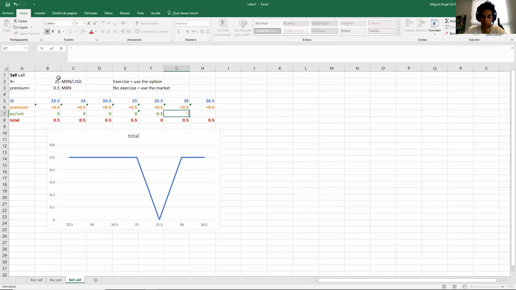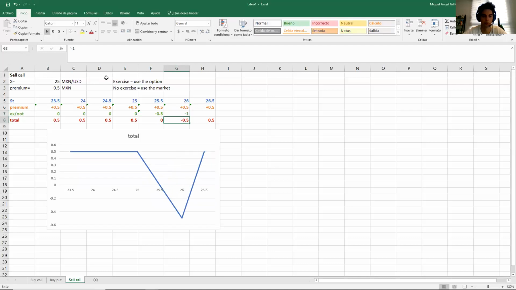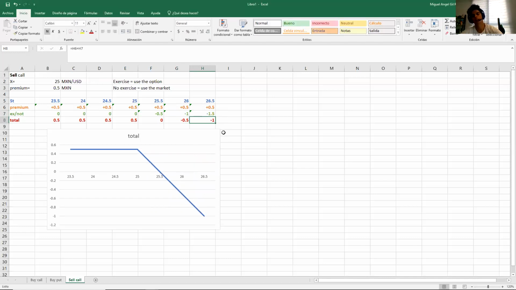So it will be -1. And finally, in the last one, it's going to be the same case. That person will prefer to exercise the option. And when that person exercises the option, it gives me a loss of 1.5. Then the total is automatically calculated because I already had the formula.